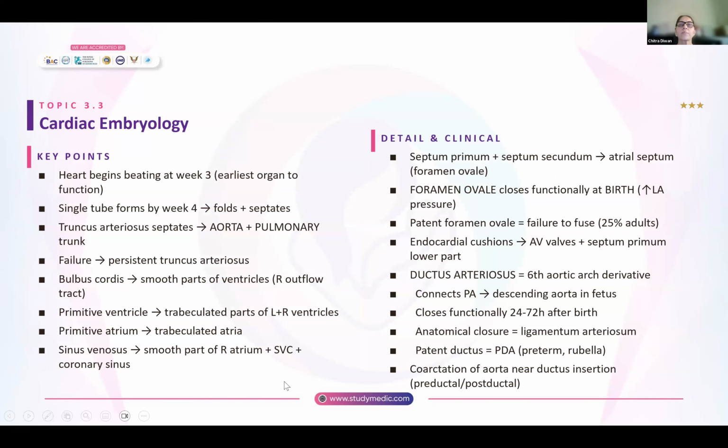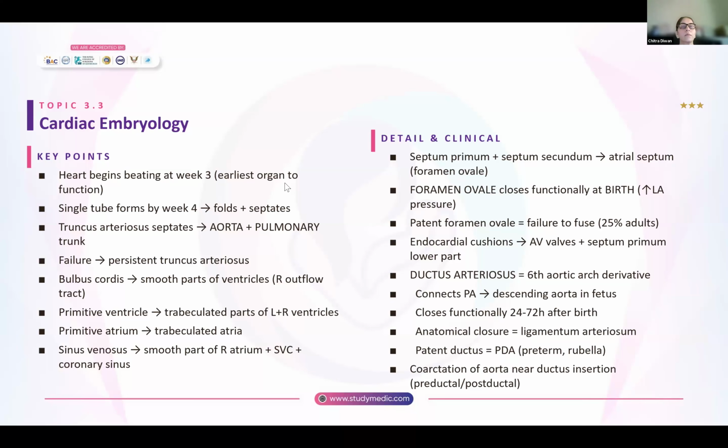All right, now next coming to development of the cardiac system. So fetal circulation is something that you have to be very much aware of. You have to know all the bypasses that are there in the fetal circulation, and what is the development of the fetal heart. So the heart is one of the earliest organs to start functioning.